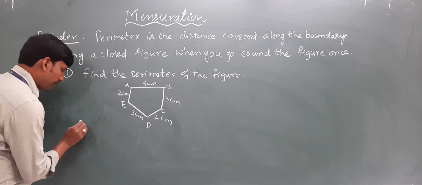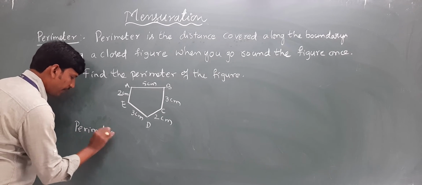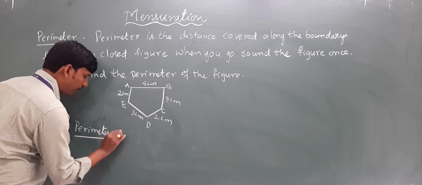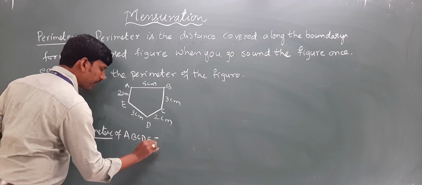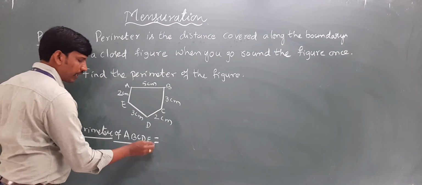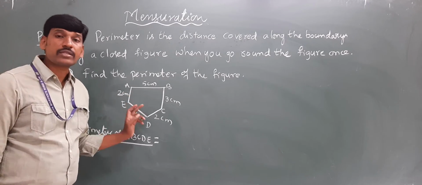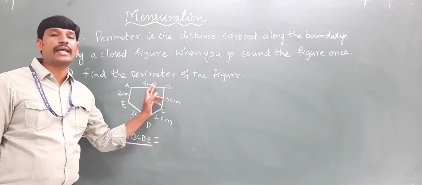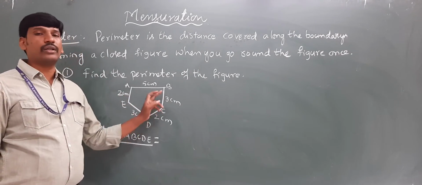Now see this here. Perimeter of ABCDE is equal to... I told you clearly in the previous class what is the perimeter of a given figure? Sum of all the sides. Sum of the length of all the sides.